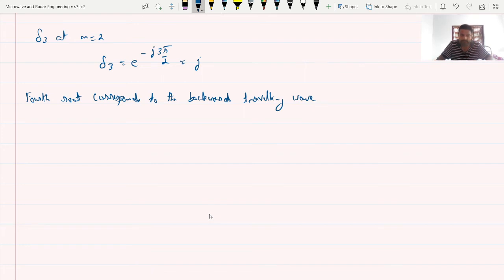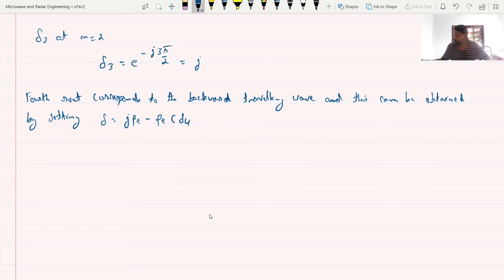And this can be obtained by setting delta equal to j beta minus beta e c into delta 4. Sorry, by setting gamma equal to j beta e, I think it is minus j. Gamma, what is gamma?